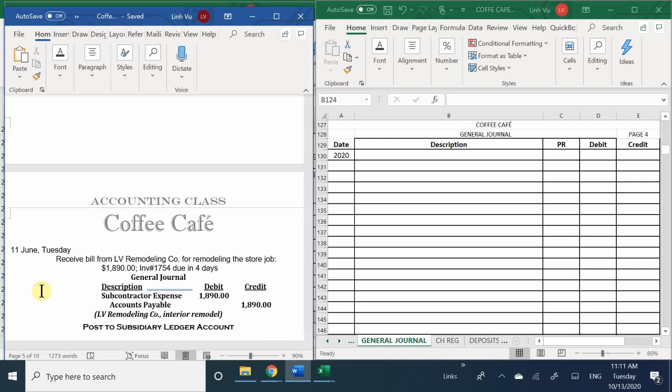With that being said, because we hired LV Remodeling, they're technically a third-party vendor that we decided to contract to redesign our store. So I'm going to tell you that this is going to be a subcontractor expense. So what account is subcontractor expense?